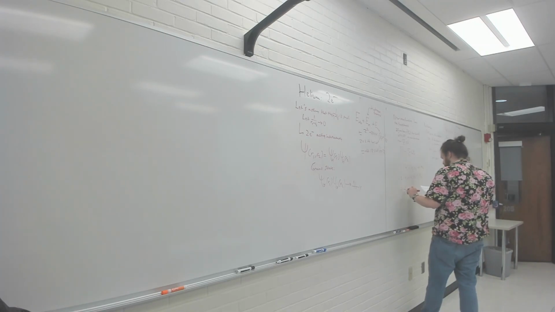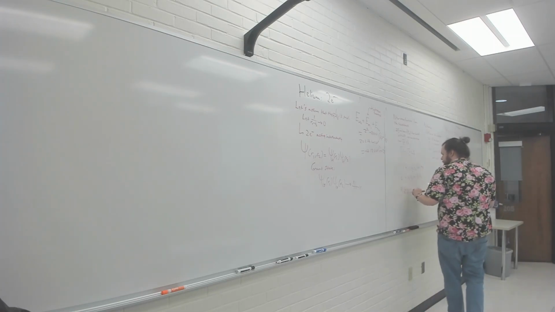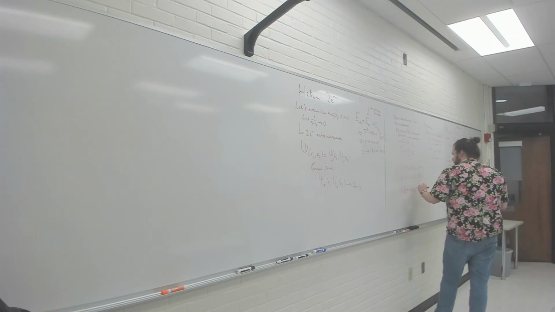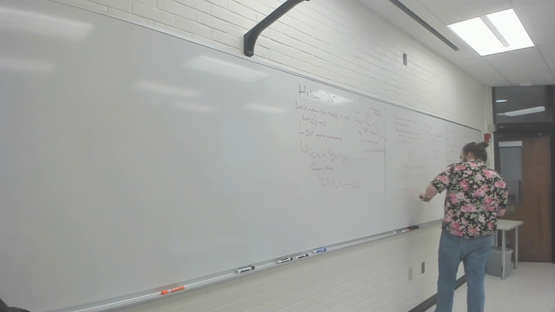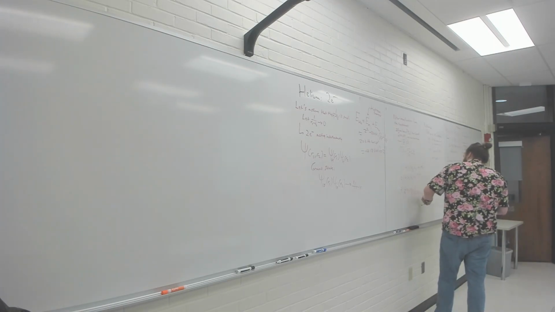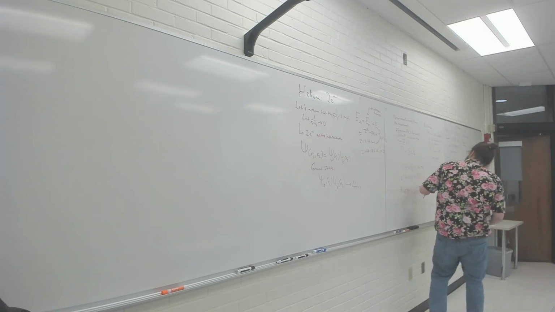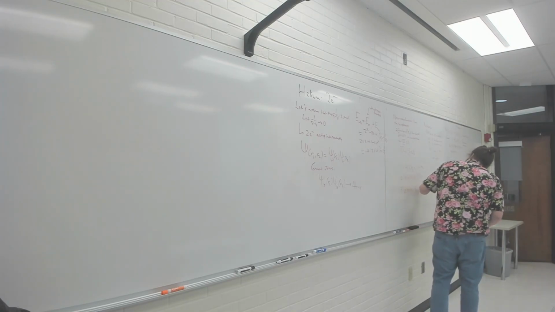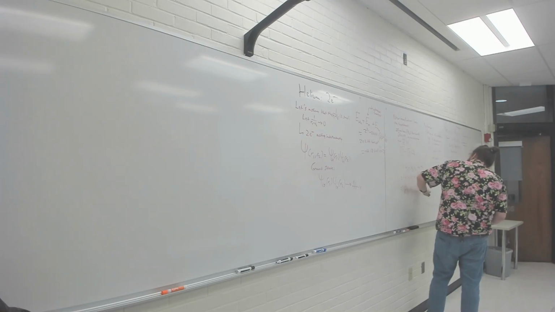So that's going to be equal to 1 over the square root of 2, psi 1 of R1, psi 2 of R2, times alpha 1 beta 2 plus beta 1 alpha 2. Sorry, I got that flipped. Beta 2, alpha 1. So this is saying that it's up and down, and this is down and up.